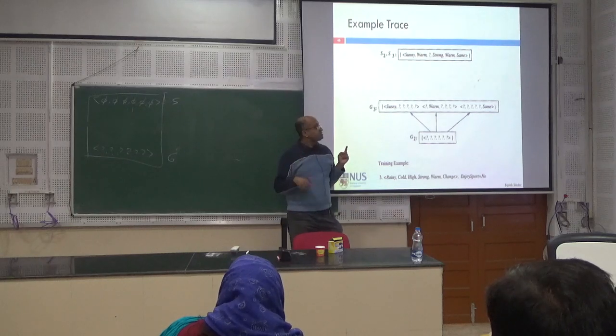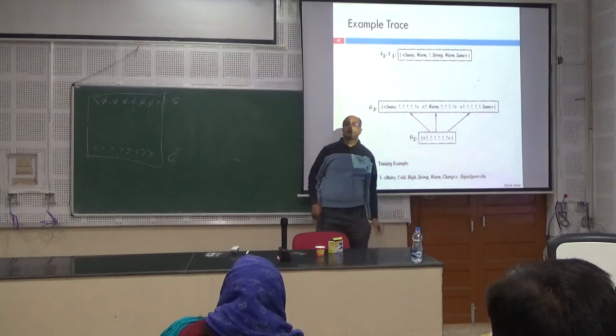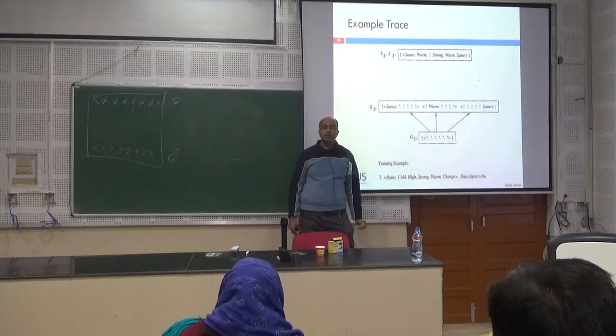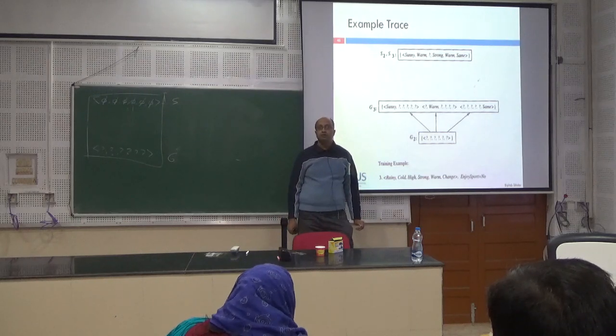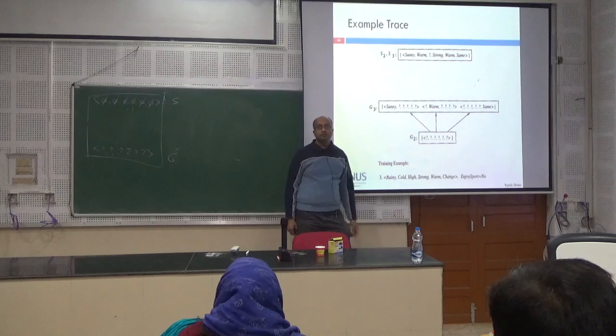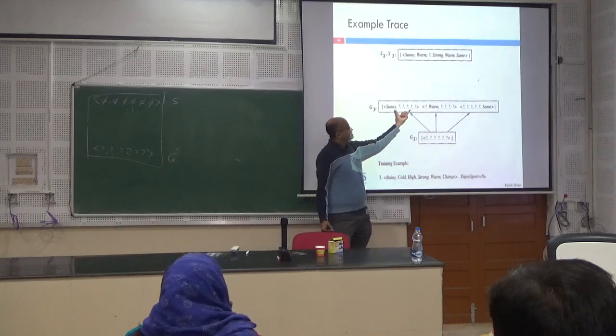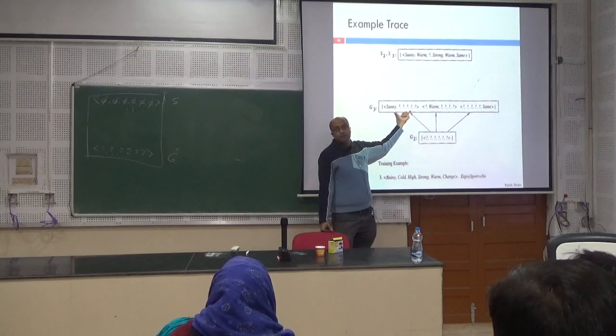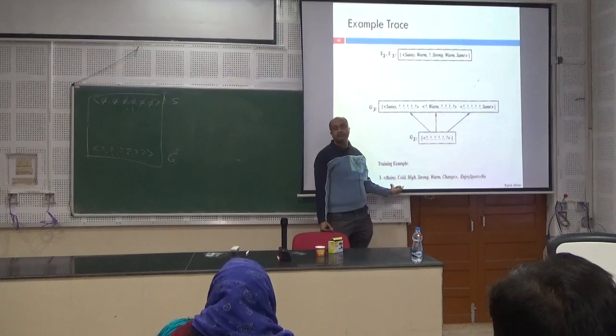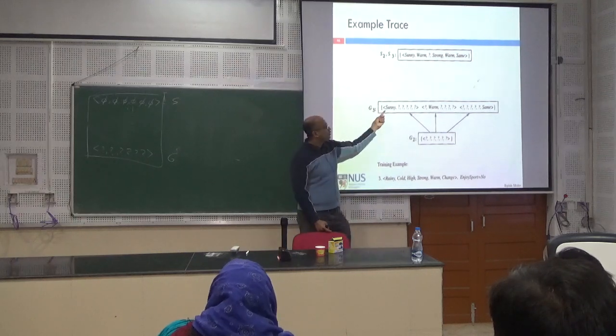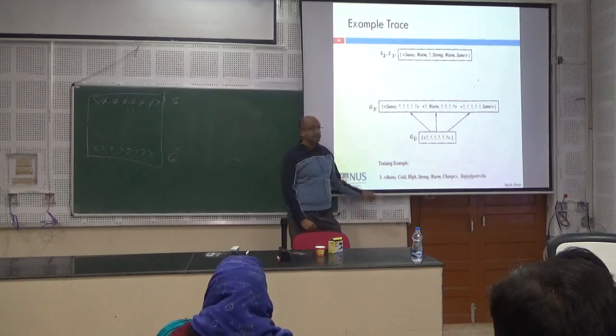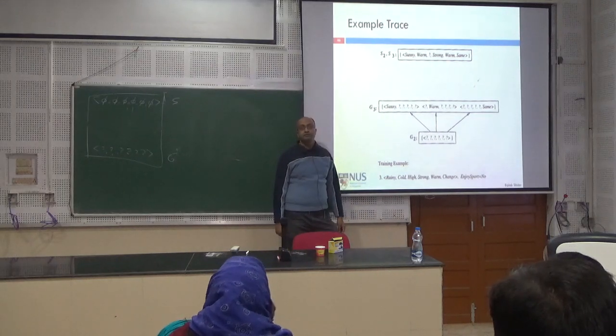Now what you will observe is, I have a number of hypotheses here. And each one of them works with this example. Right? So if I just have this rule, it will classify this as negative. Right? Because it wants sunny. You don't have sunny here. So it will classify this.